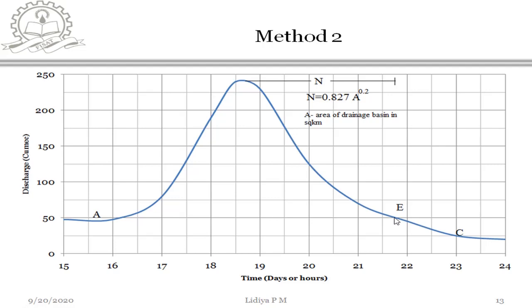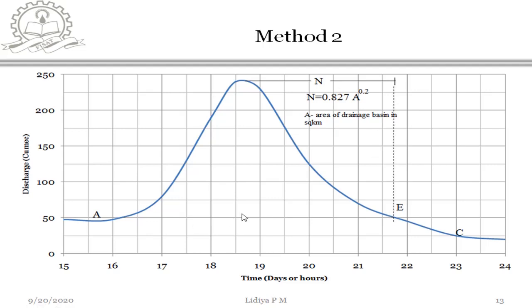If large discharge data of a river is available, then some other method can be used to locate the end of the direct runoff. But normally that data won't be available, so we can use this empirical formula to locate the end of direct runoff.